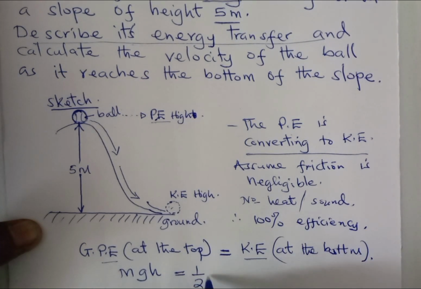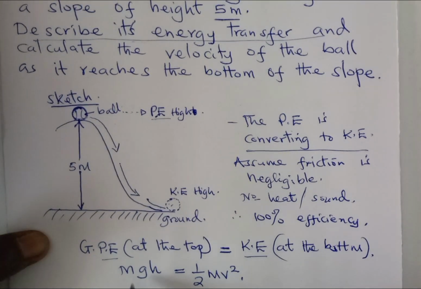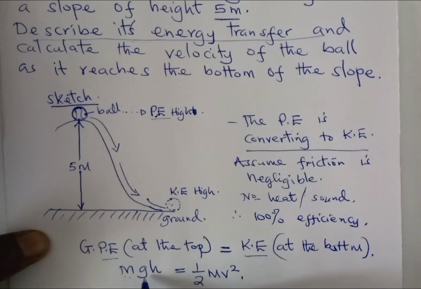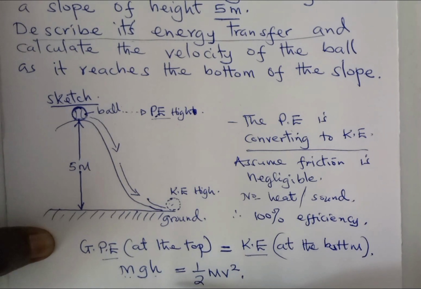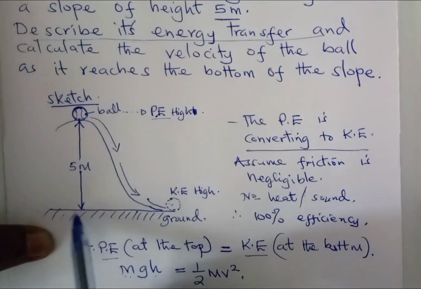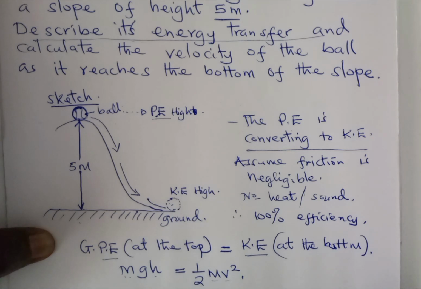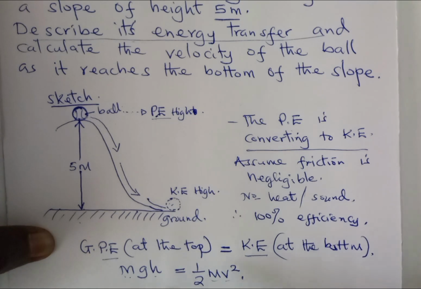KE is half mv squared, where m is the mass in kilogram, g is the gravitational field strength in Newton per kilogram, h is the perpendicular height or distance of the ball from the ground in meters. Then m is mass, v is the velocity of the ball as it rolls down the slope.